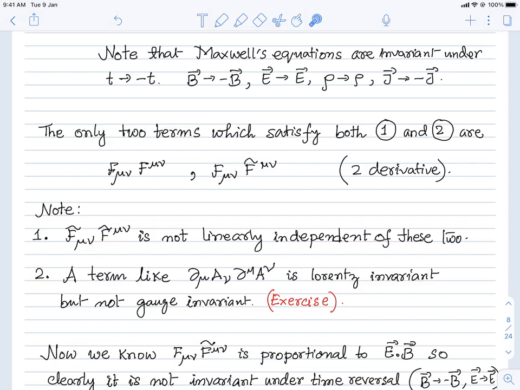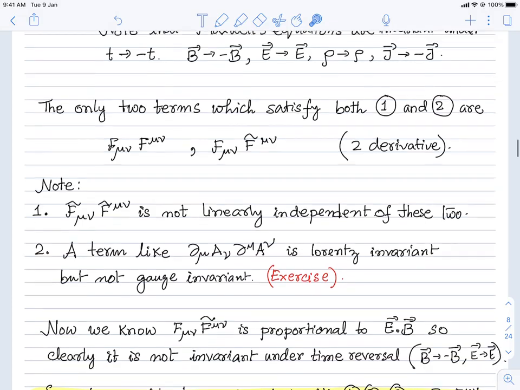But the gauge field, as you know, is not invariant under gauge transformation. Or this potential field, or this 4-vector potential, is not invariant under gauge transformations, and therefore those kinds of terms should not be allowed by gauge invariance. Although they are Lorentz invariant, they are not gauge invariant.